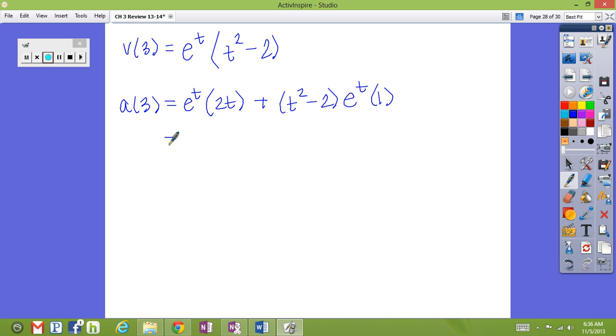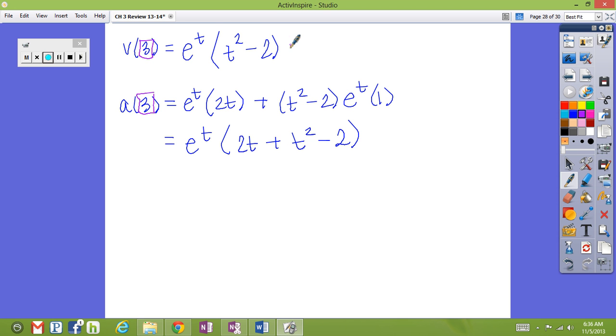Alright, so factor out again. Common factor, e to the t times 2t plus t squared minus 2. What's nice about me asking you for speeding up at 3 is you don't need a sign chart. I'm only asking you at 3.